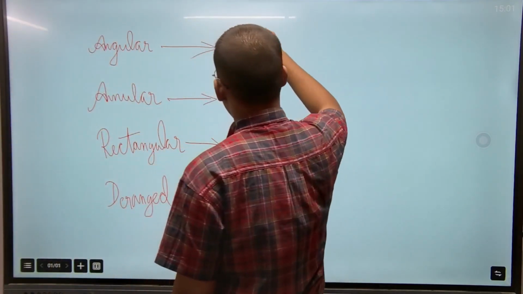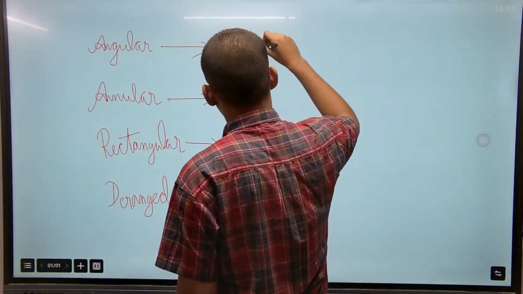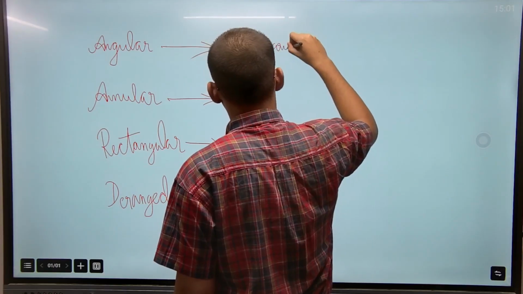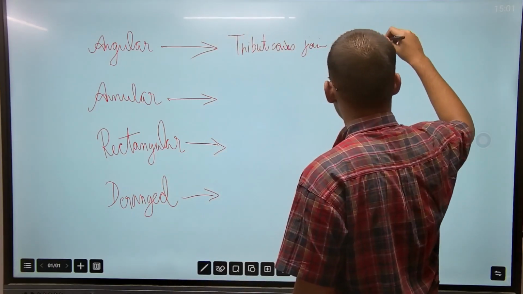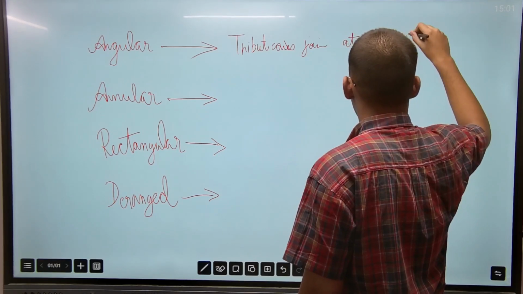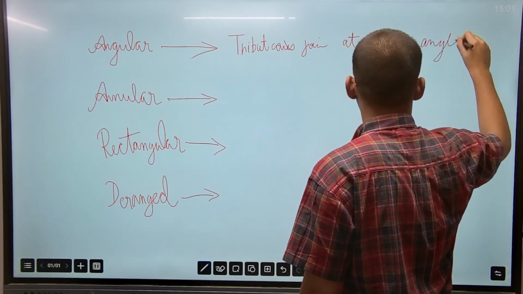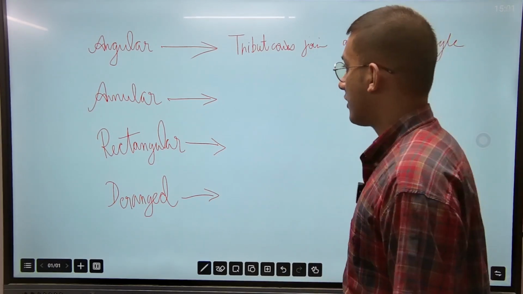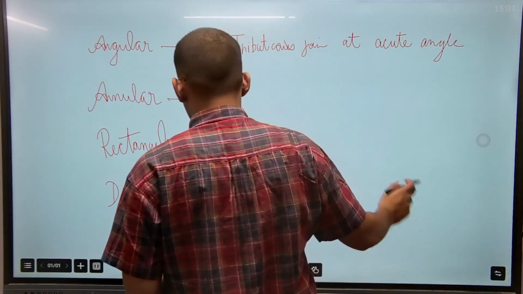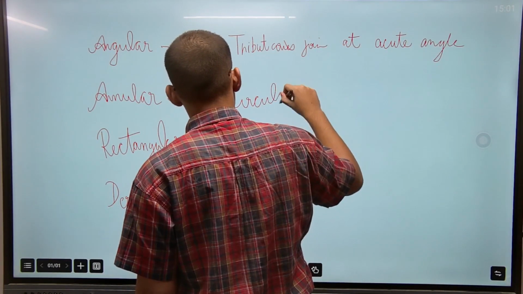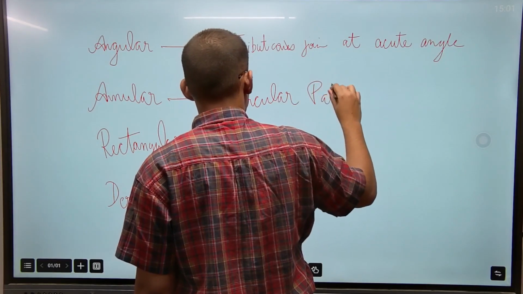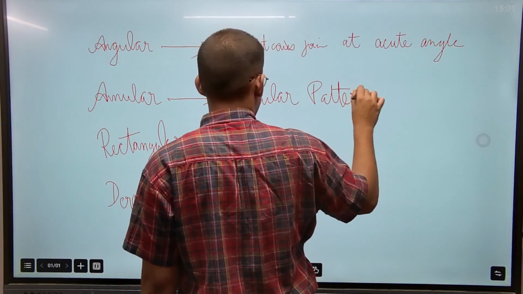Angular will be tributaries joining at acute angle, right? Annular will be circular pattern.